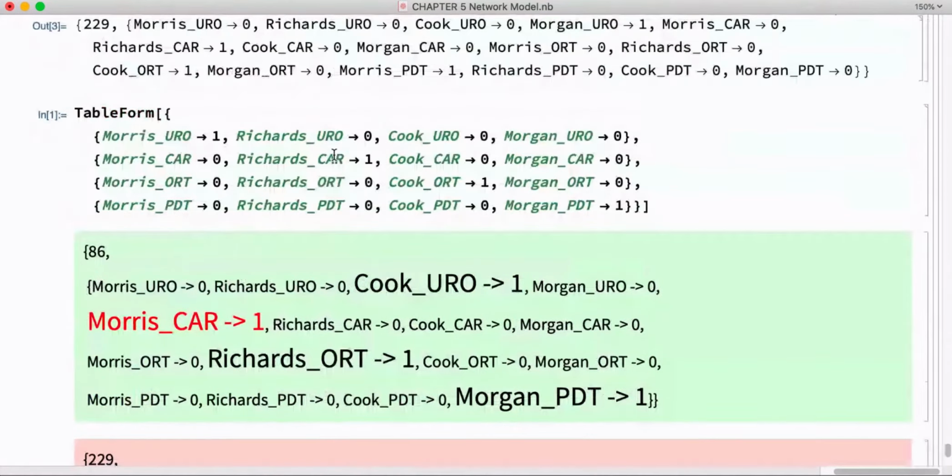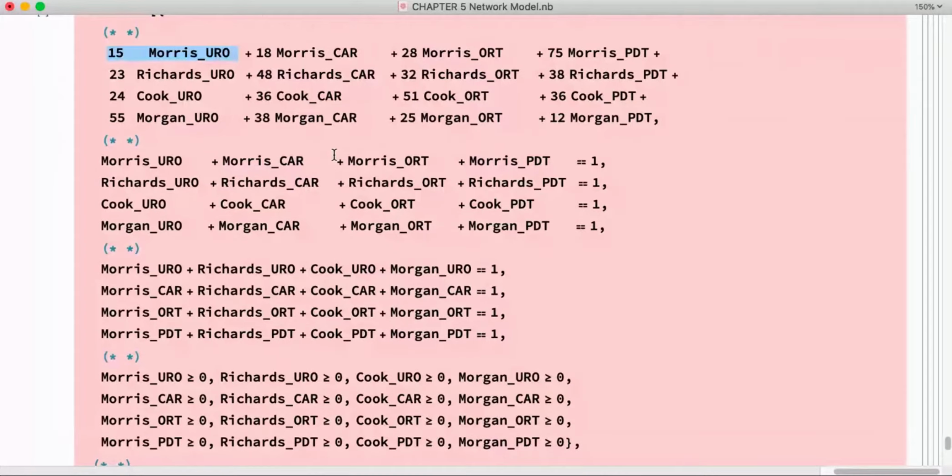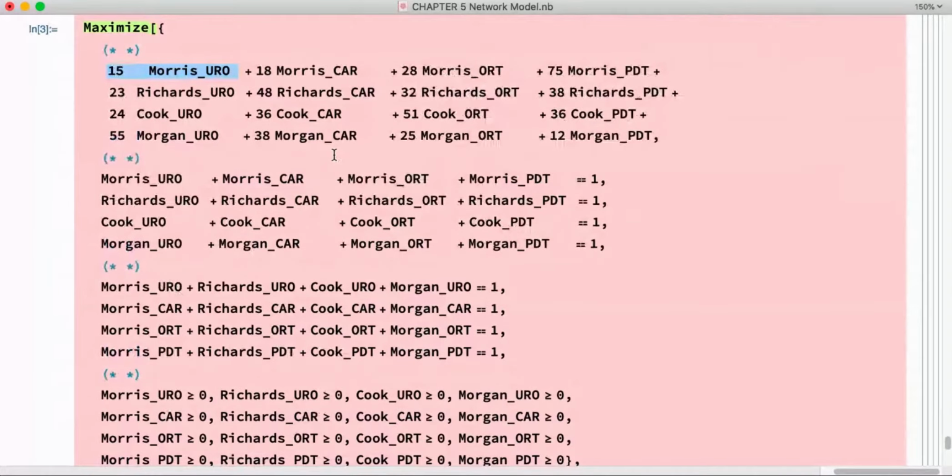Can you do something that you will have an excuse to put Morris in urology and not in cardiology? Morris is good in cardiology, but she is better in urology. Her work is better in urology.